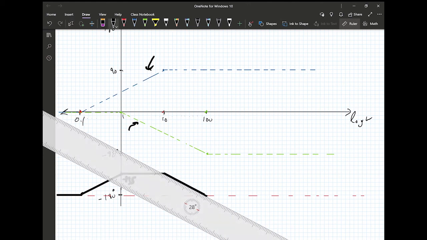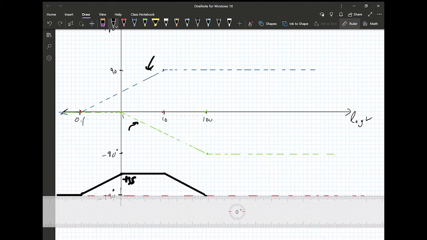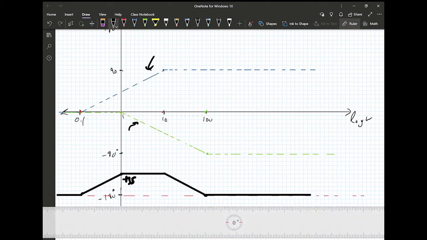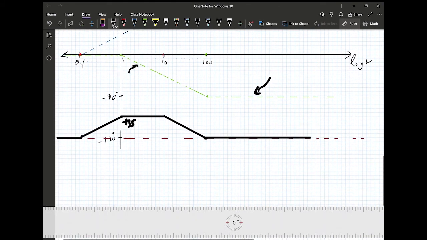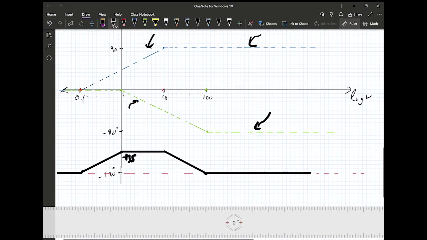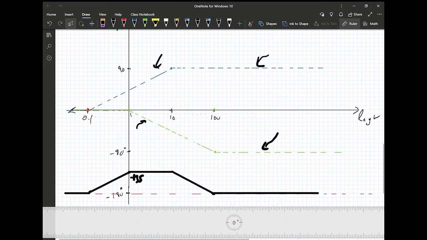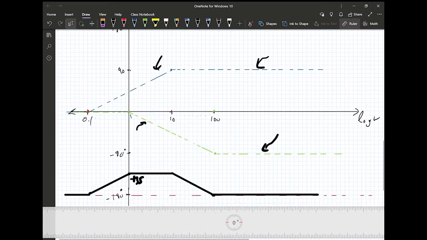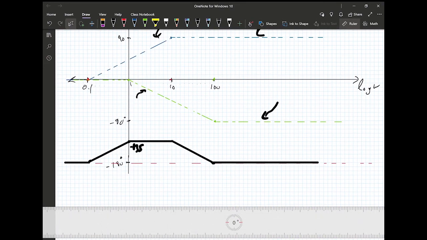And then there won't be any slope anymore. So we will go back to minus 180. And this makes sense. After 100, if you sum all the phases, it's going to be plus 90, minus 90, which is 0, and then minus 180. So we settle back at minus 180. So this is what the phase response for this example is going to look like.